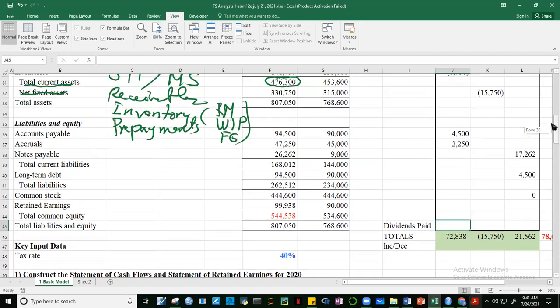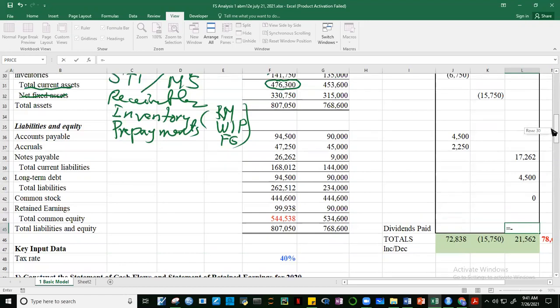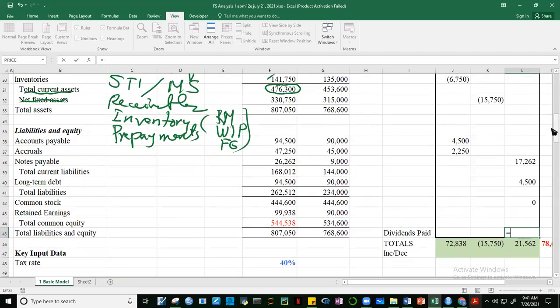Ang dividends natin, ano yan, kasi finance yung nag-aano yan eh. Hindi naman operations, hindi sila yung production, no? Okay, take note, di ba, ang production sila yung gumagawa ng goods, di ba? So, hindi nila role yung pag-determine kung magdi-dividends or not, no? So, that should form part of your financing, and then source of cash or use of cash, guys.